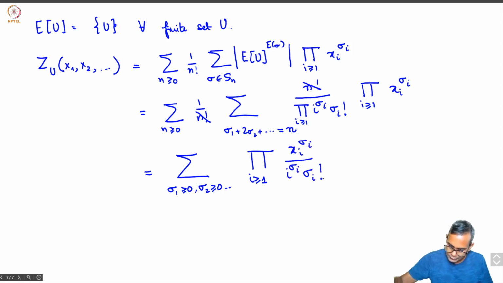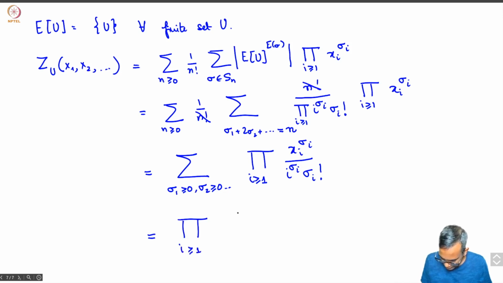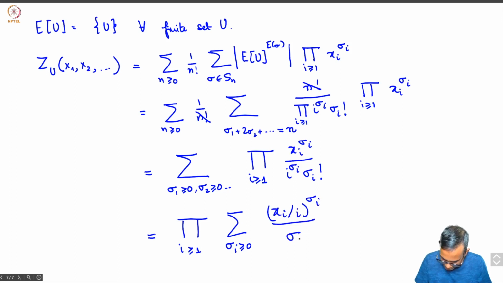Now, using the distributivity of multiplication over addition, this just becomes product i greater than or equal to 1 summation sigma i greater than or equal to 0, and what we have is (xi by i) to the power sigma i divided by sigma i factorial.